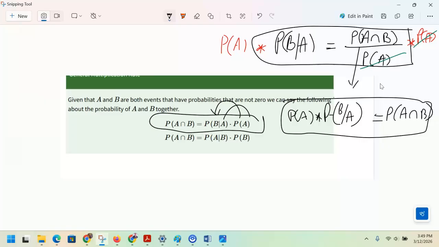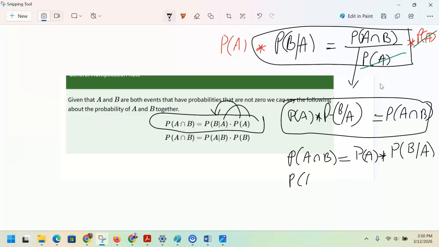This is always better. Or in other words, the probability of A and B, there are two ways you can write. One is if A has already occurred, so that's the probability of A and then times the probability of B when A has occurred. So this is one way. You can also write this formula as the probability of B times the probability of A when B has occurred.